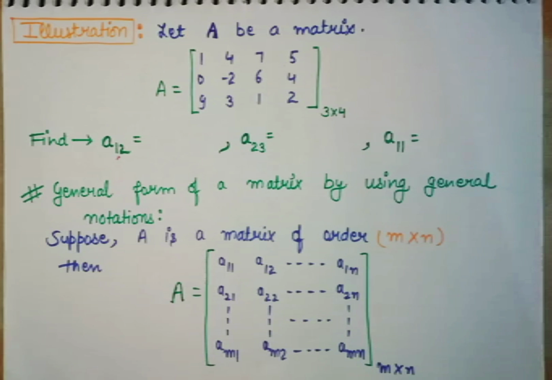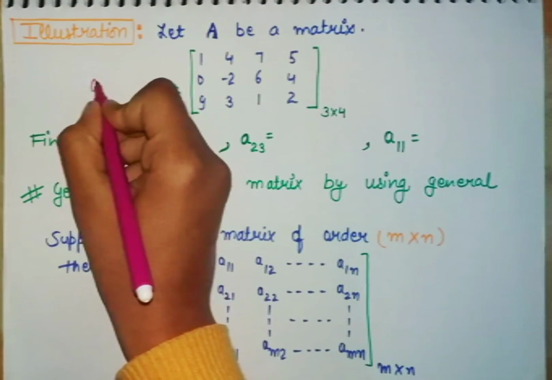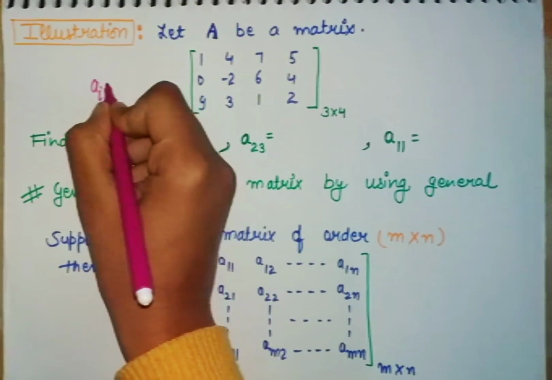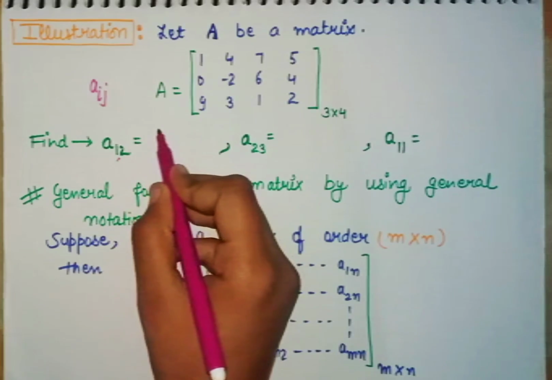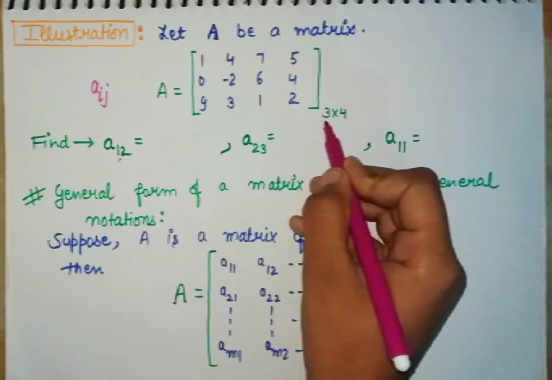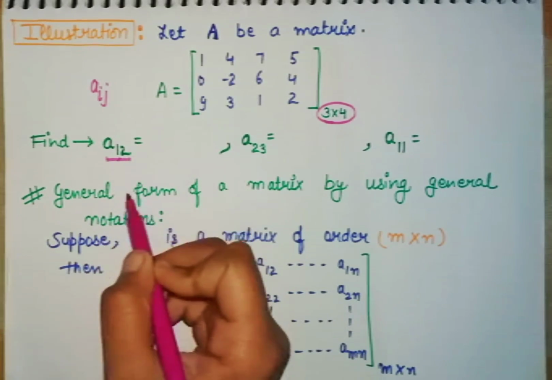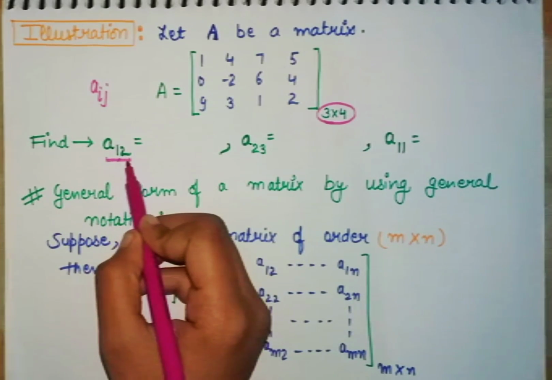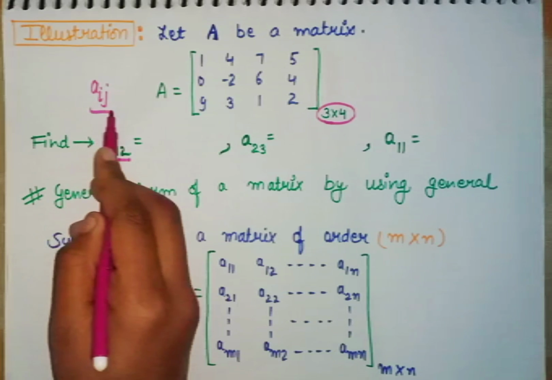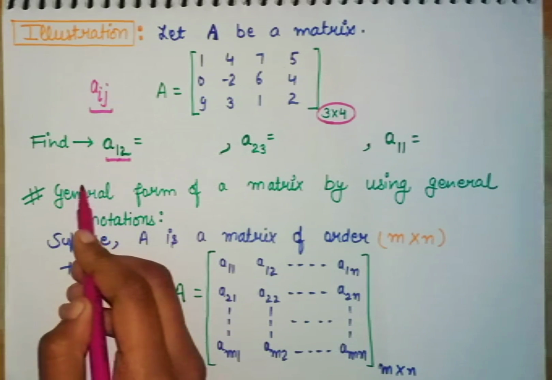Now let's find some elements by using the general notation of an element. Write the general notation Aij. I have taken here a matrix of 3 cross 4 order. Just find A12 first. Compare it with the general notation of an element.